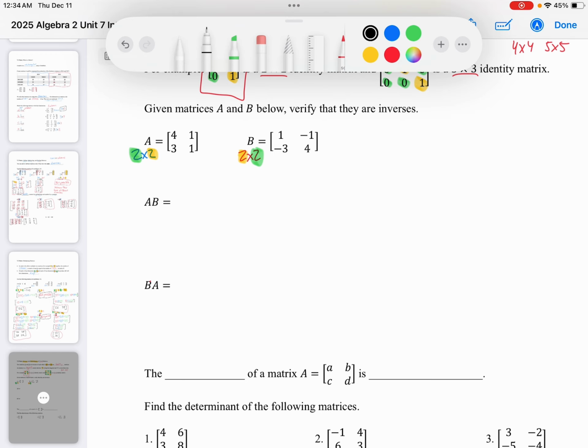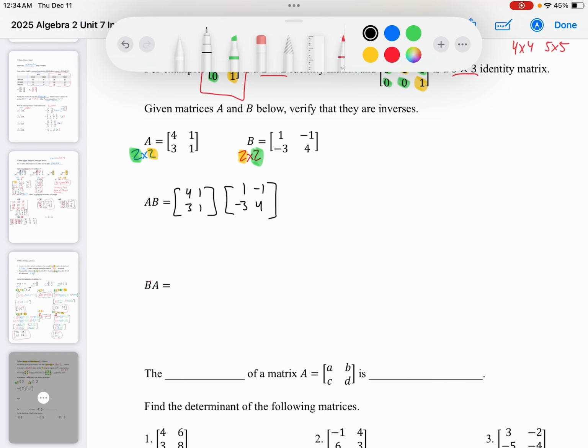In this case, AB would be this matrix 4, 1, 3, 1, multiplied times B, which is 1, negative 1, negative 3, 4.